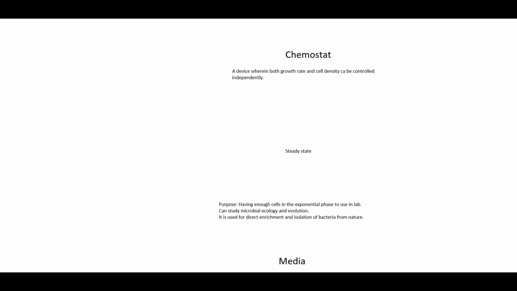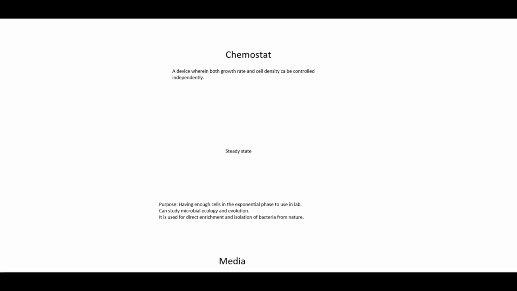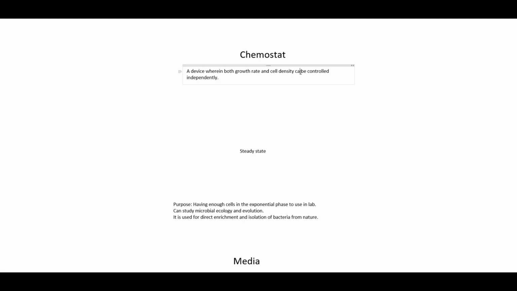Here we have chemostat. It's a device wherein both the growth rate and the cell density can be controlled independently.